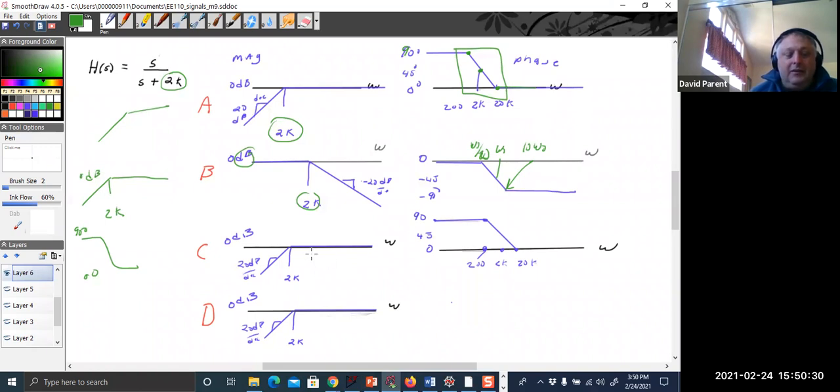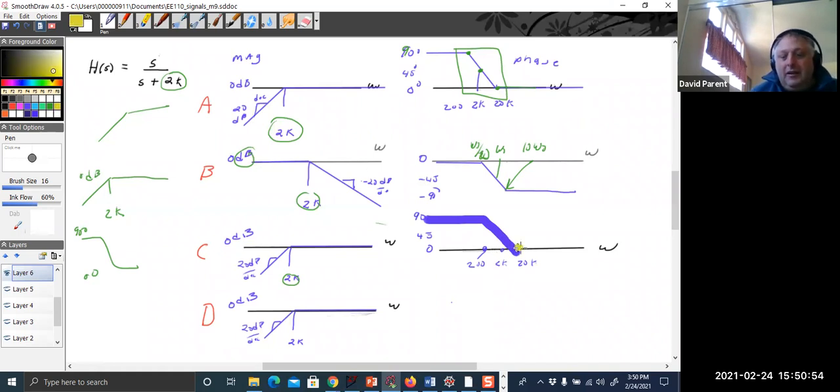Here, okay, 0 dB, right breakpoint. Oh, high pass magnitude shape. But look at the phase. Oh, it's at 90. Okay, it starts going down at 1/10 of 2K, great. And then it stops.